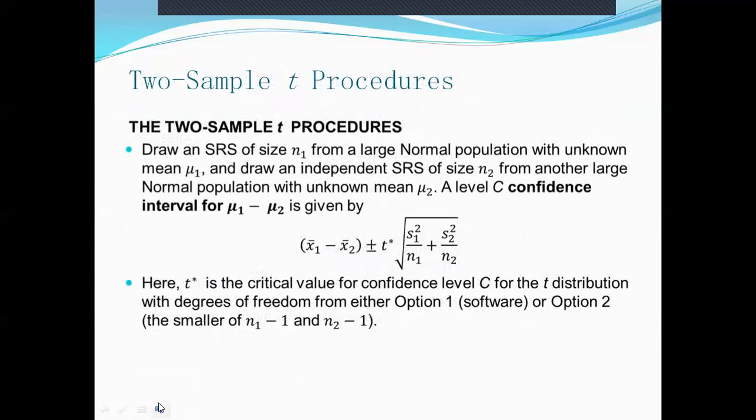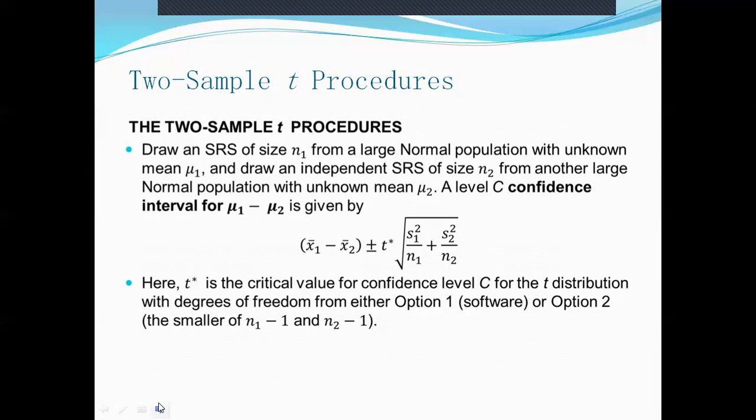Two-sample t procedures. Draw an SRS of size n1 from a large normal population with unknown mean mu1, and draw an independent SRS of size n2 from another large normal population with unknown mean mu2.